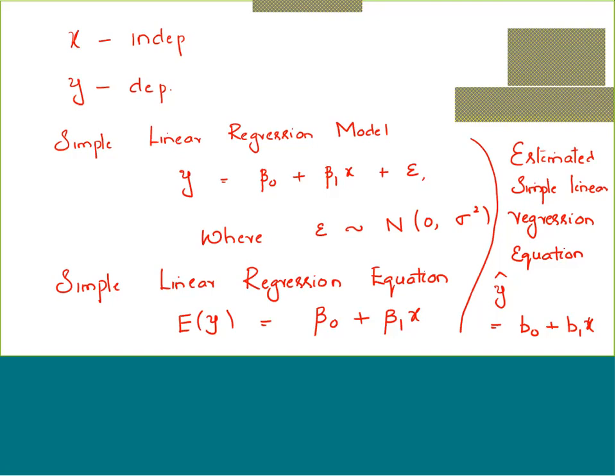When there is only one independent variable, we have a simple linear regression equation. But when we have more than one independent variable, we will have multiple regression. There, we started with p independent variables and one dependent variable.